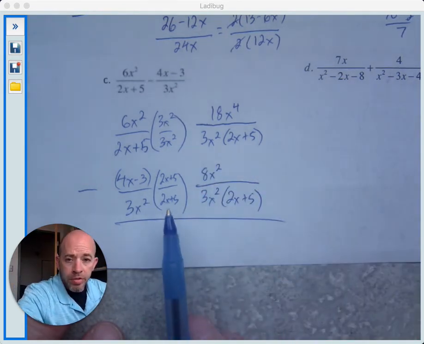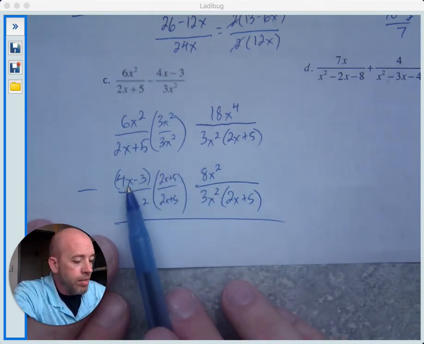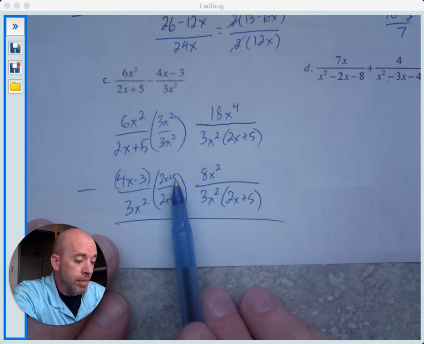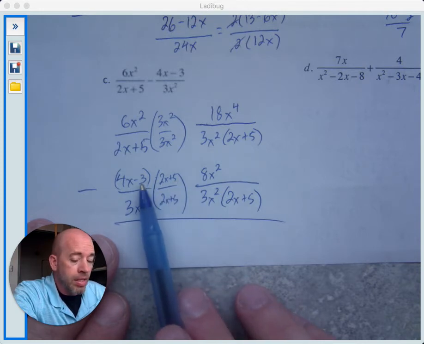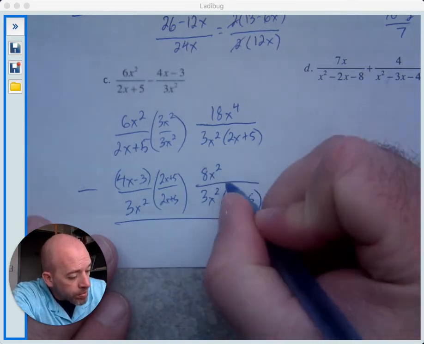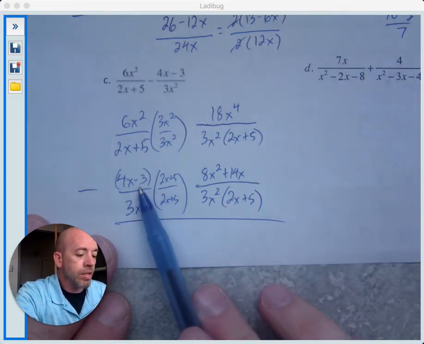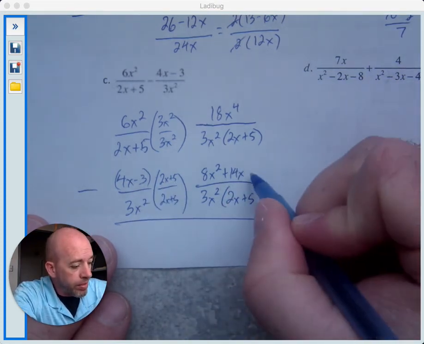I'm going to do the middle term, kind of combine things here. So we have 4x times 5 is 20x, and 2x times negative 3 is minus 6x, right? So 20 minus 6 is 14x. So our middle term is a 14x. And then negative 3 times 5 is a minus 15, right?